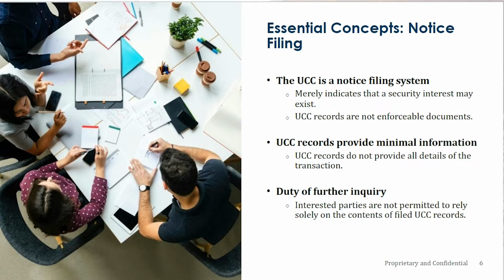You can't rely on the record itself. While that is a great indicator and is incredibly helpful, you really do need to drill down into those transactional documents so that you can truly understand the details, and the upcoming slides that we'll cover will help provide more meat around that.